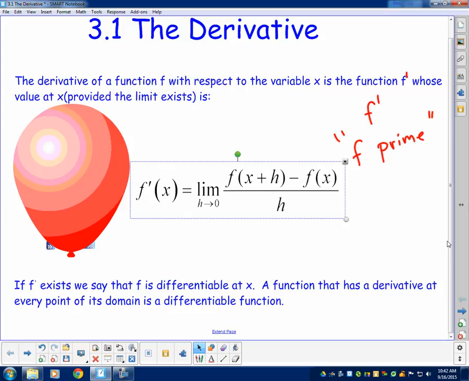The answer is no. Very good question. Now, if a function is differentiable everywhere, it will be continuous, but the vice versa is not true. If it's continuous, we'll come up with examples for that.